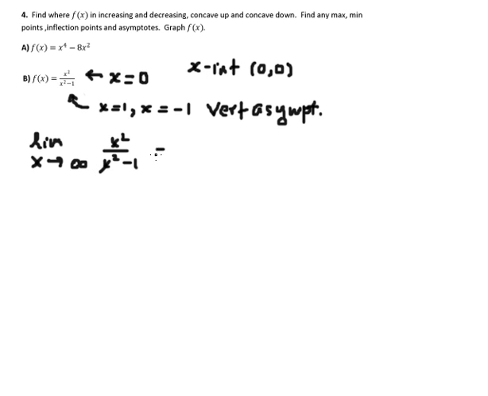And we just have to pick off the lead terms. The leading terms would be x squared in the numerator and x squared in the denominator. So we're looking at the limit as x goes to infinity of x squared over x squared, which is equal to 1.